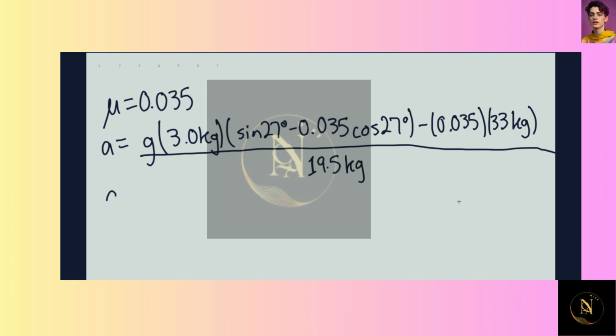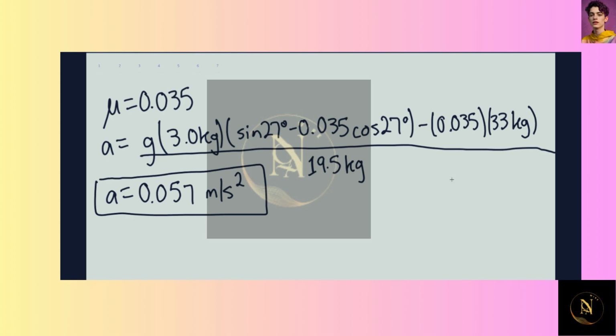And we find that the acceleration is 0.057 meters per second squared. So it being positive means that here it will move. So the block will move, and then we'll actually use this in order to find our final velocity.